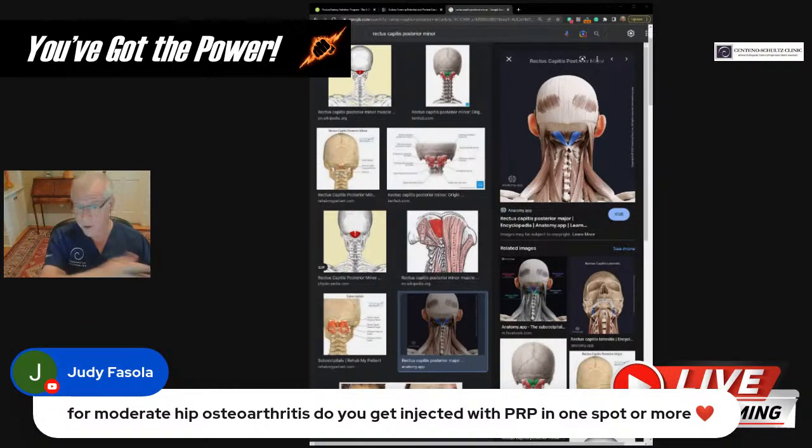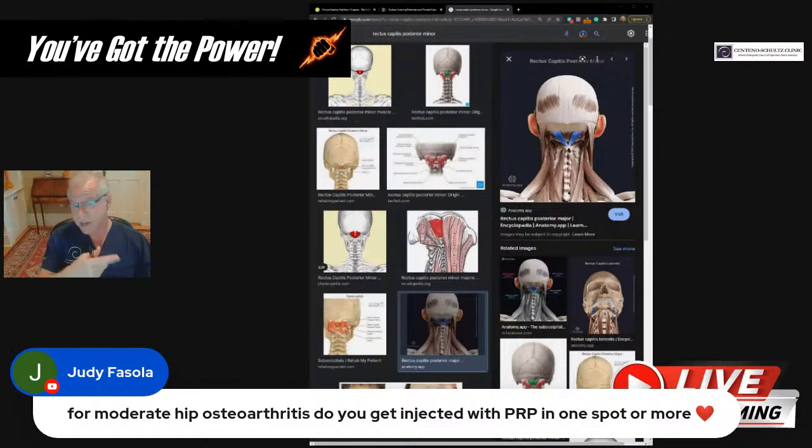And then it all depends on what kind of PRP, right? Are we talking about leukocyte rich? Are we talking about leukocyte poor? What concentration is that PRP? How old is this patient? So for example, if we're talking about mild to moderate hip arthritis, we are trying to see if PRP will work, because if it's moderate, it's not going to work that great for hip arthritis. But let's say it's mild to moderate and they're right on the cusp, and we've got a 45-year-old patient, well, let's say 50 years old to make it easy.